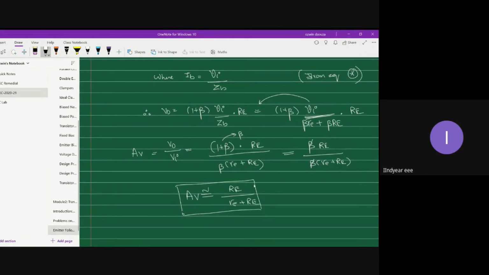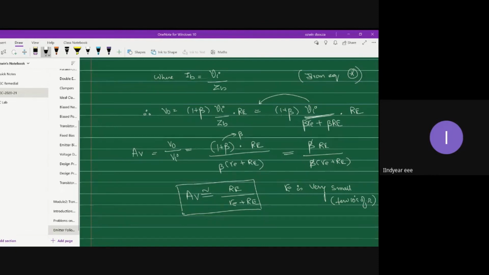Now, if you observe carefully, in the numerator you have RE, and in the denominator you have re plus RE, where little re is very small. And what is the range for this small re? A few tens of ohms, that's all, 15 ohm, 20 ohm.